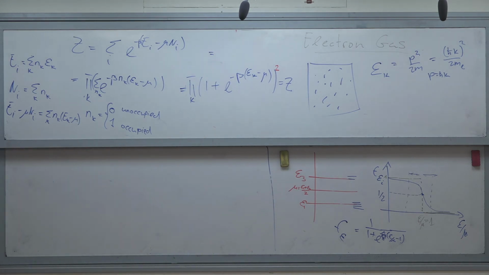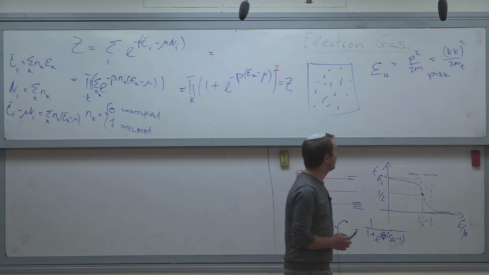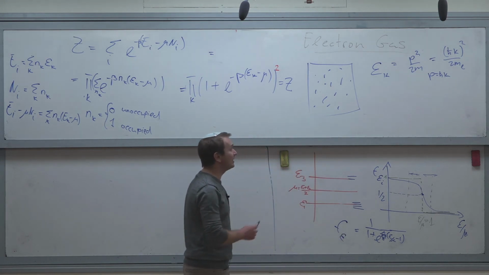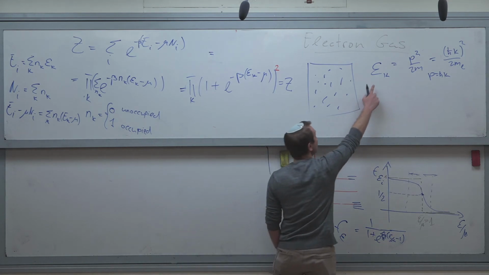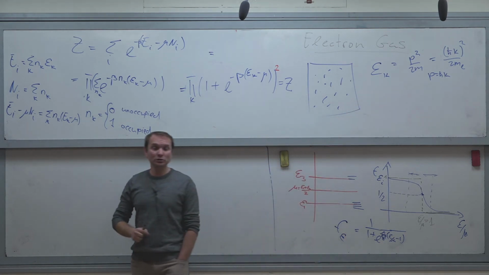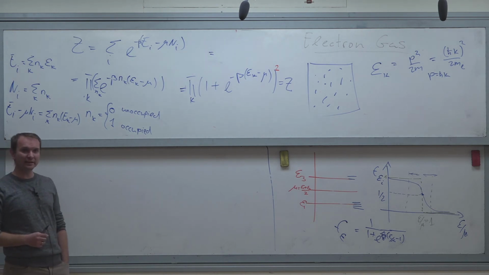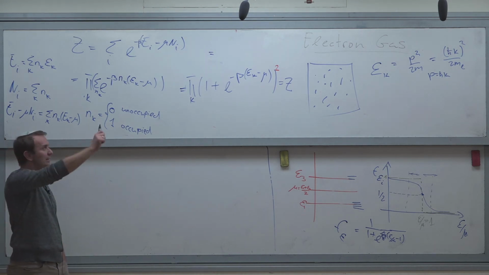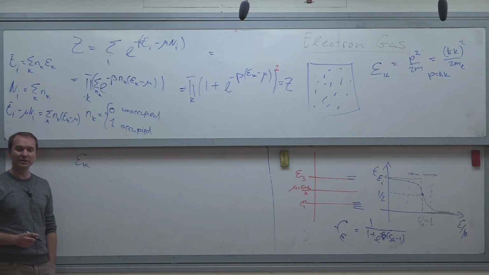Now before going there, I just want to remind you, I want to ask the following question: what is the probability that a specific energy, epsilon k, is occupied? Basically asking, what is the probability that I have an electron, okay, with a given energy, epsilon k? Okay, what is the probability?